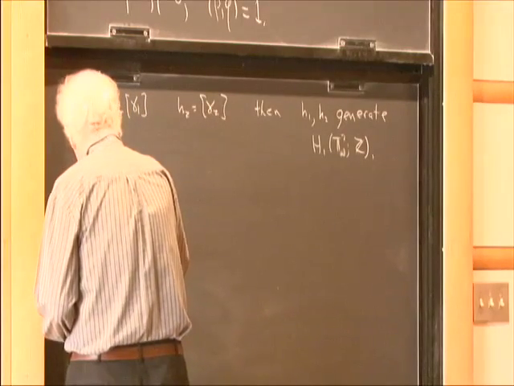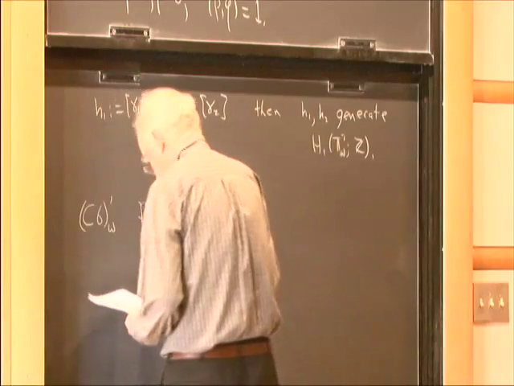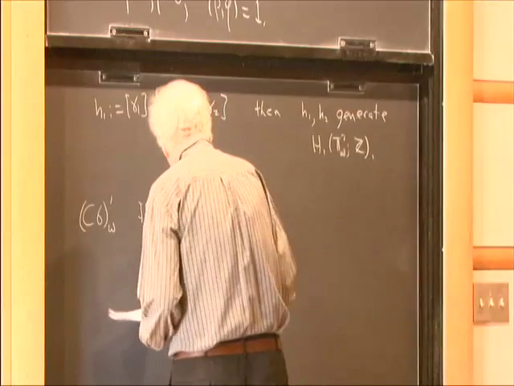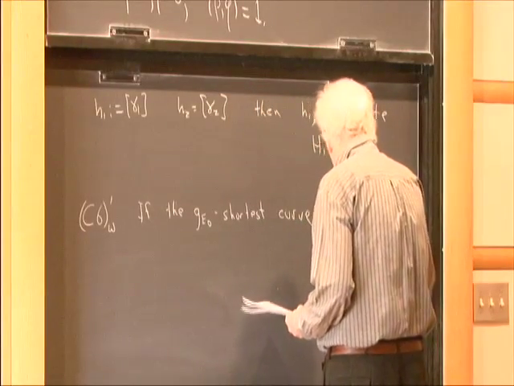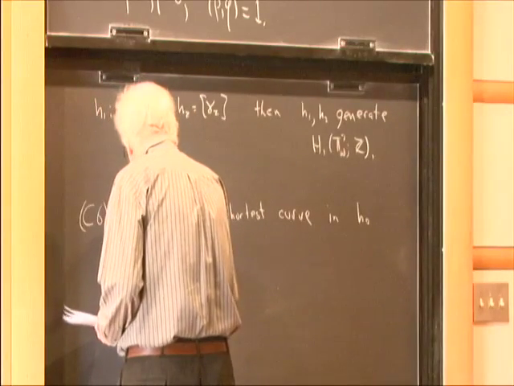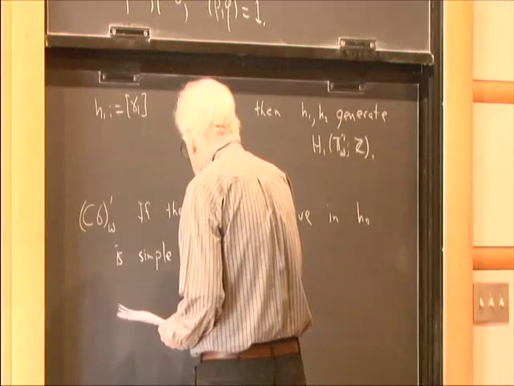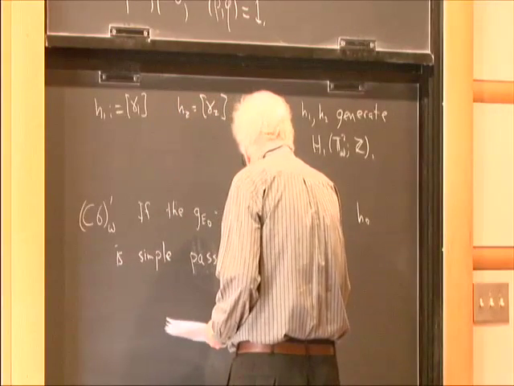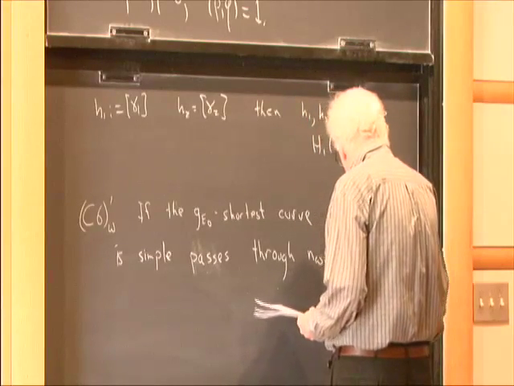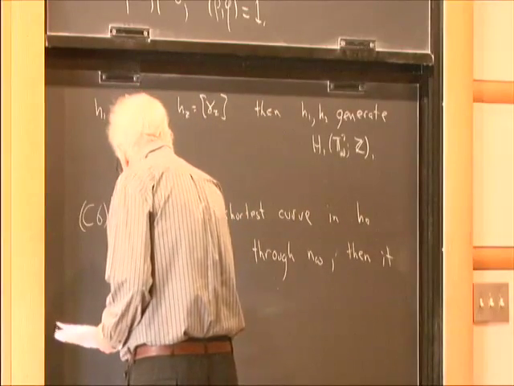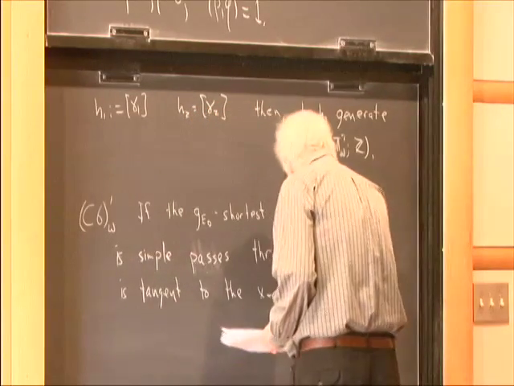And then you have condition C6 omega prime, which is that if the shortest curve in H0 is simple and passes through n omega, then it is tangent to the x-axis at n omega.